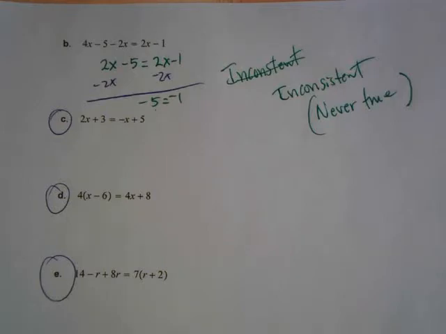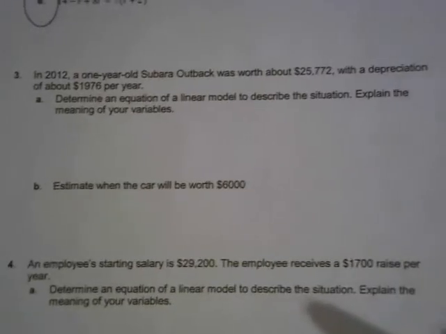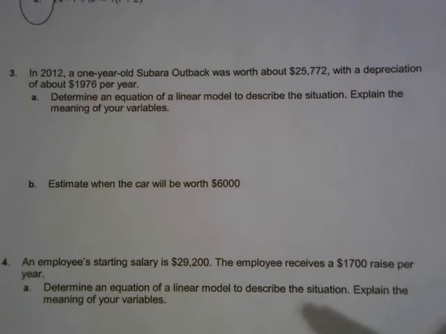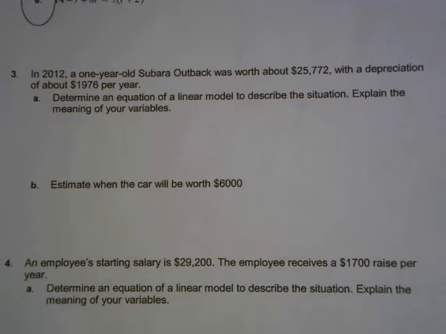The last thing, we have some word problems. In 2012, a 1-year-old Subaru Outback was worth $25,772 with a depreciation of about $1,976 per year. Determine a linear equation to model the situation. Explain the meaning of your variables.